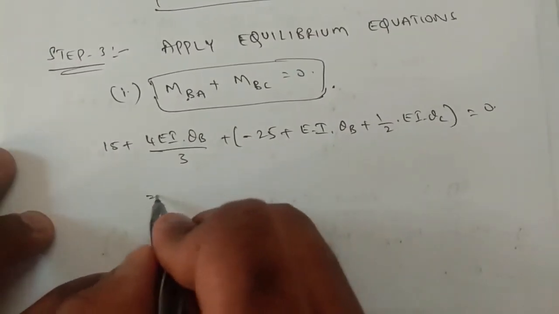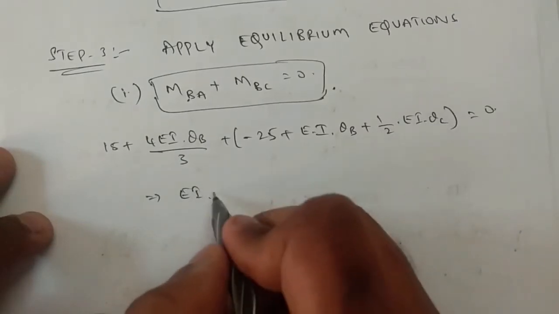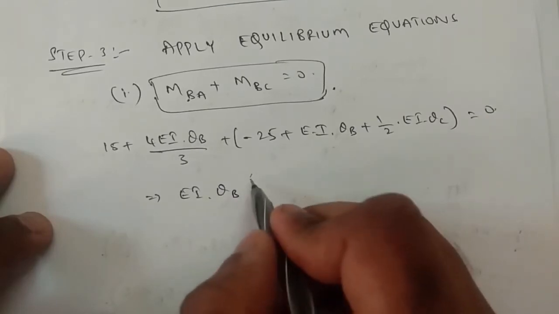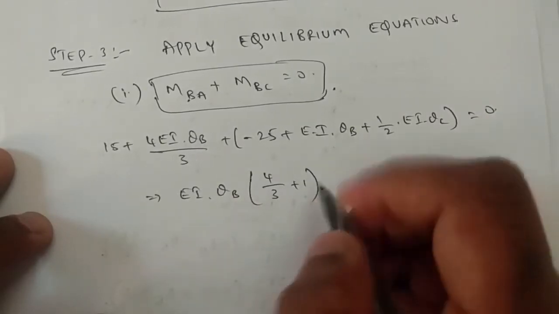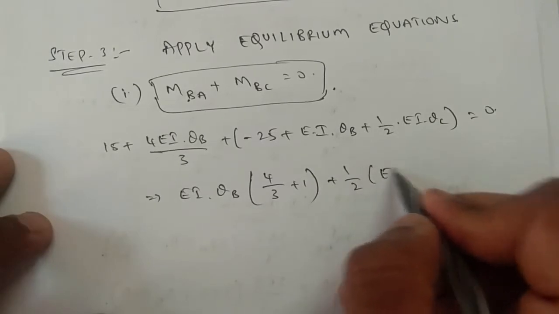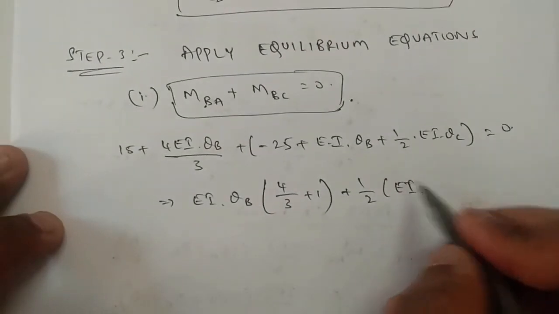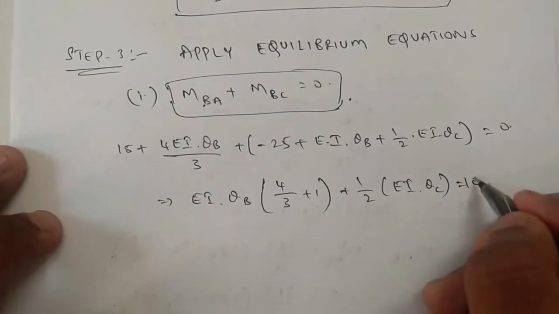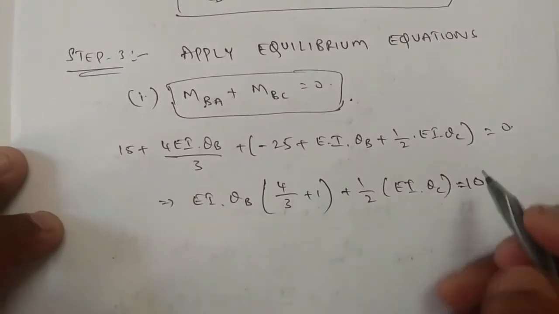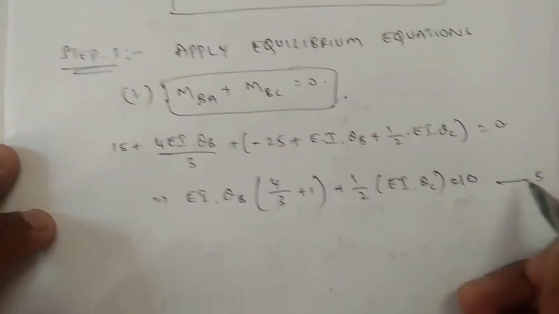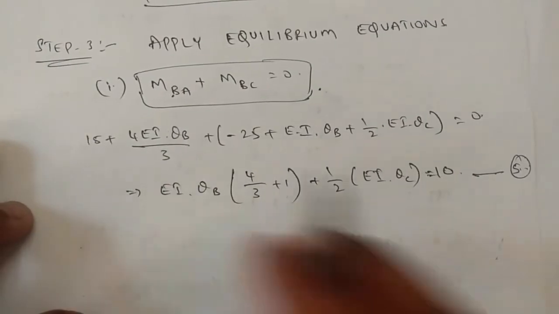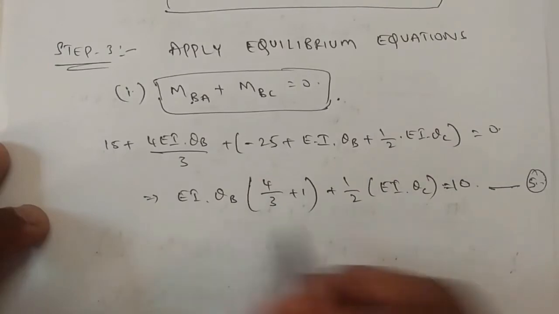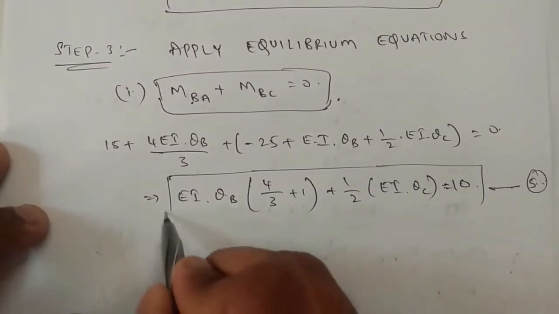After solving we will get another equation: EI into theta B into 4 by 3 plus 1, and half theta C term, equals 10. This is just a simple solving procedure. You will get equation number 5.